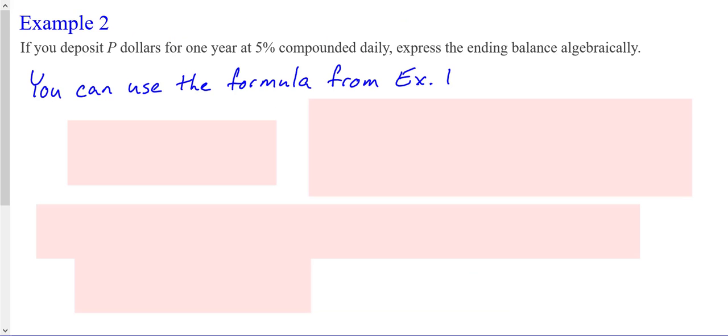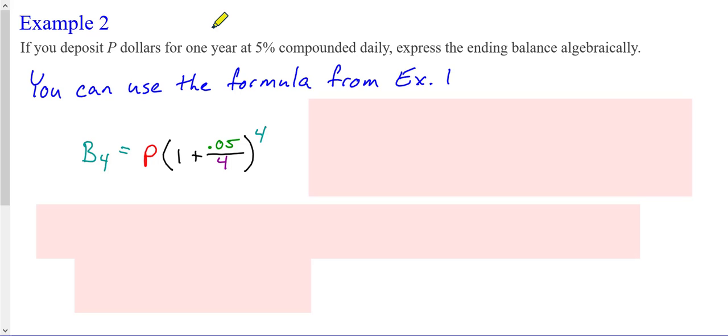So let's continue to use the formula that we had from example 1. I'm going to rewrite the formula from example 1. If you deposit P dollars for 1 year at 5%, compounded daily, express the ending balance algebraically.